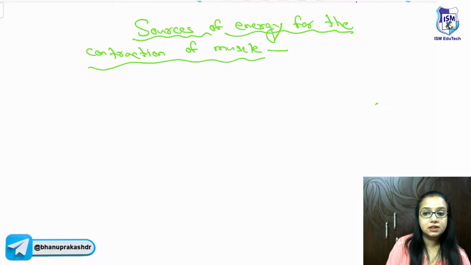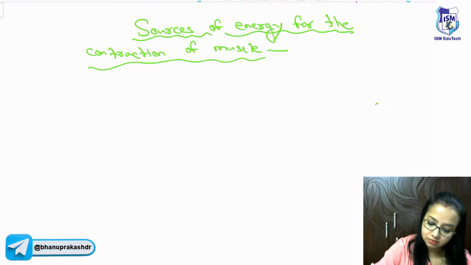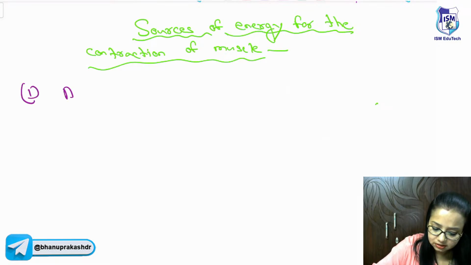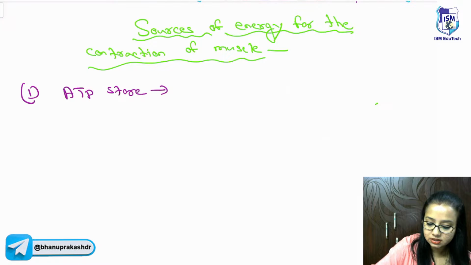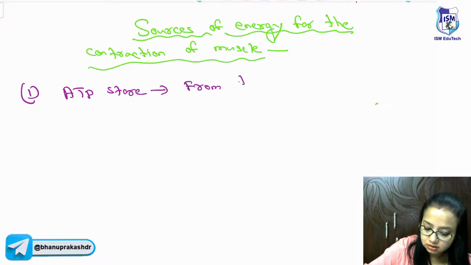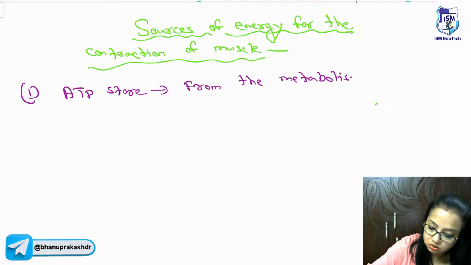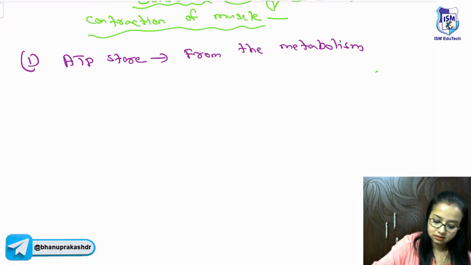We know that for contraction of muscle and also the relaxation part of it, ATP is an essential factor. The currency of energy is ATP. So what are the various sources from which this ATP reaches the muscle fiber? First, obviously, it is the ATP store, from the metabolism that is stored in the cell.